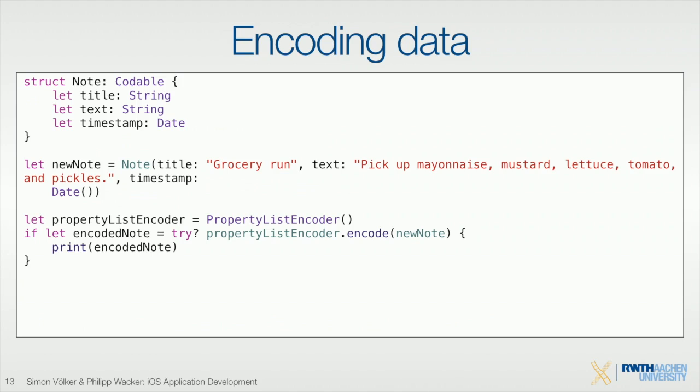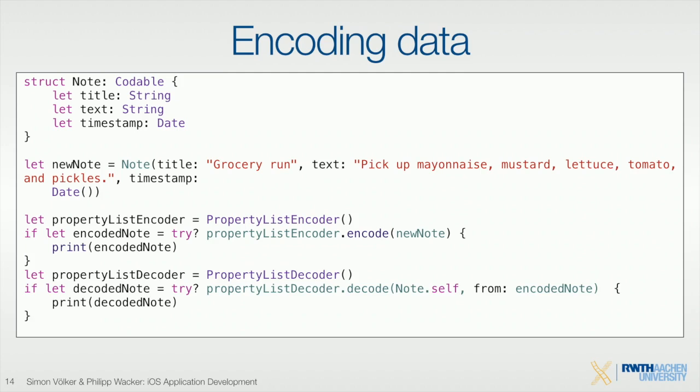So this is the basic error handling. And now we are at the state where I'm creating this property list and I've encoded. At this point, I already have this encoded node. So I have a container, which is a kind of byte string that encodes my structure node. To decode this, I can do the same thing the other way around. Instead of using the property list encoder, I'm using the decoder in this case. And this is basically the same approach.